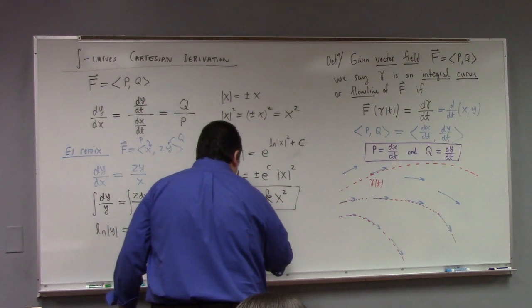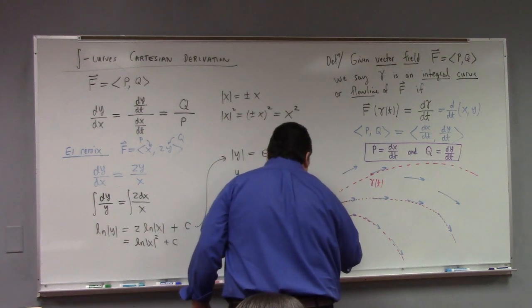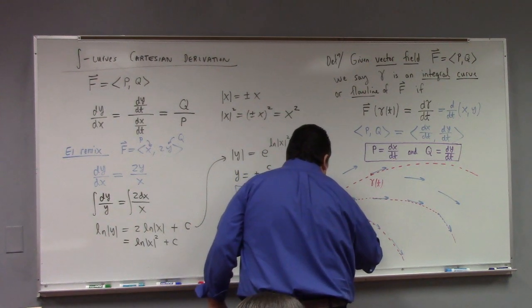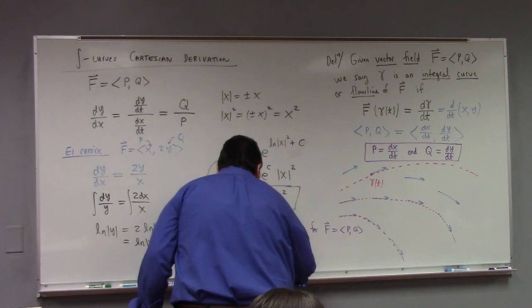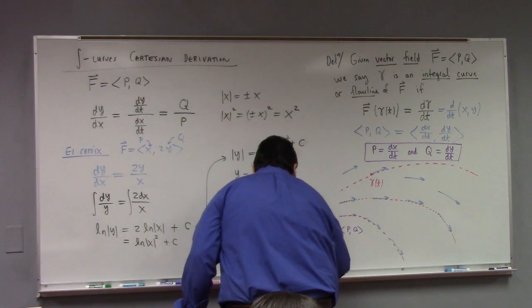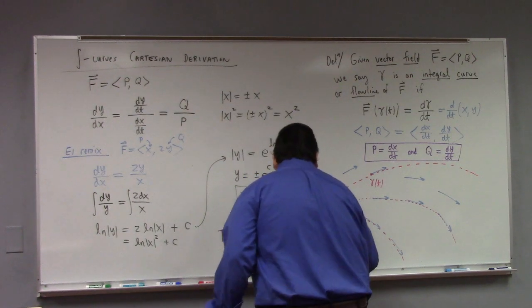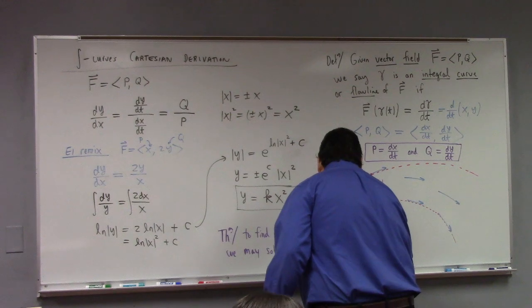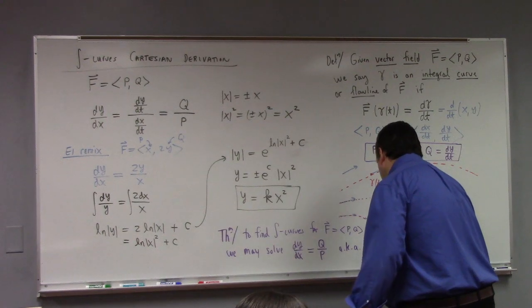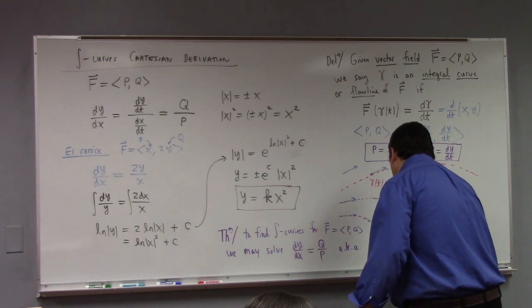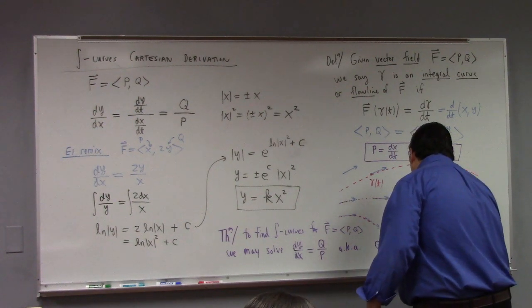To find integral curves for F equals P comma Q, we may solve dy dx equal to Q over P, which is also known as Q dx minus P dy equals 0.